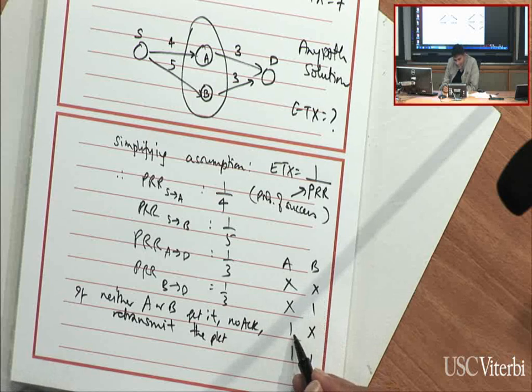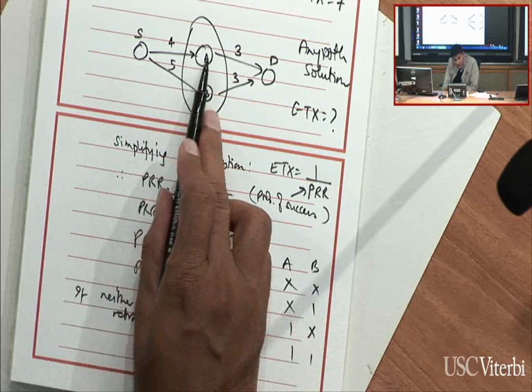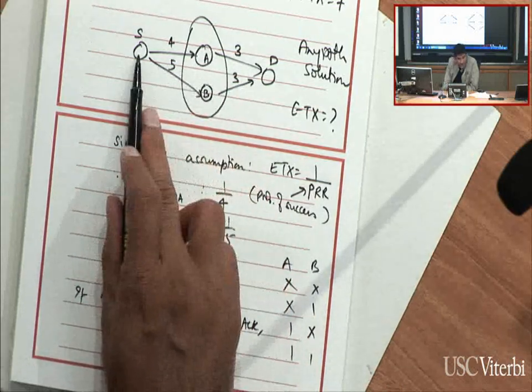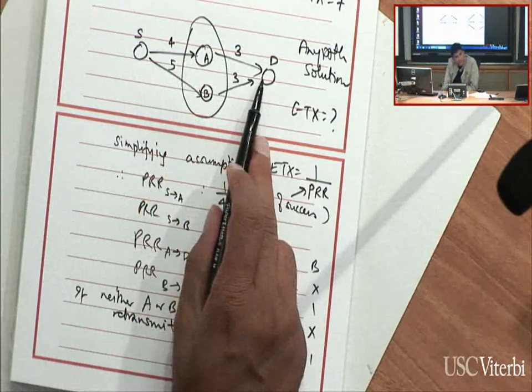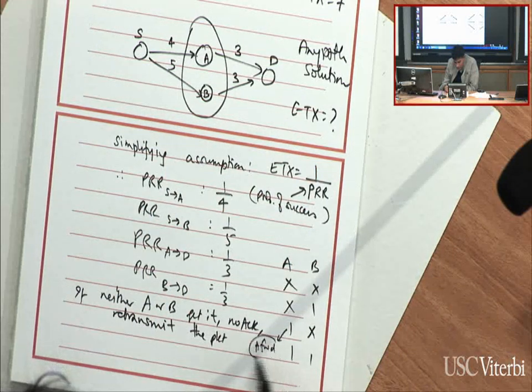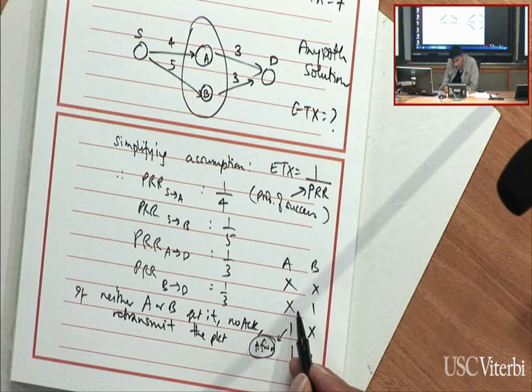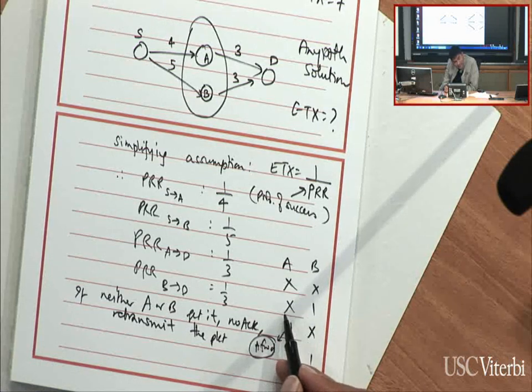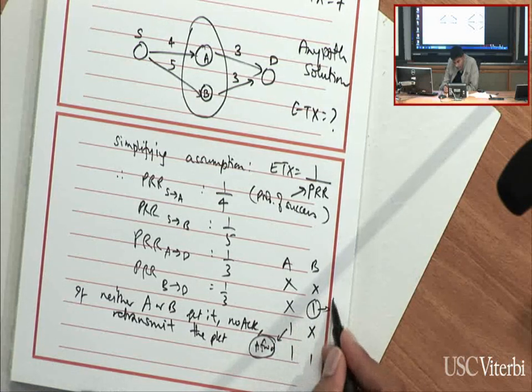If A gets it and B does not get it, then it will go ahead and forward that ACK back to S that it got it, and it will forward the message. So in this case, A will forward. If B gets it and A doesn't get it, then B is going to forward the message.